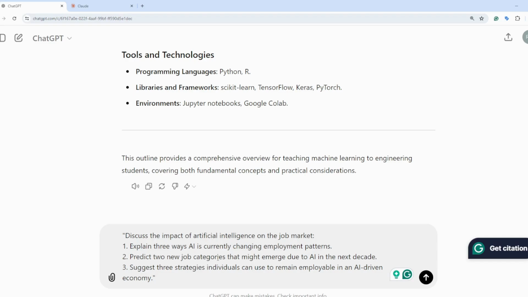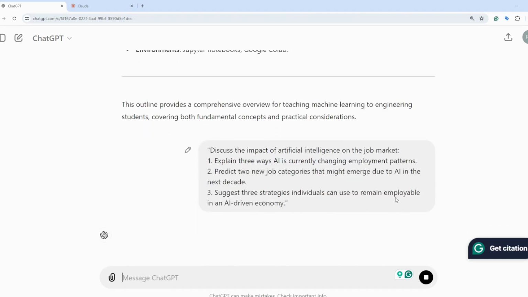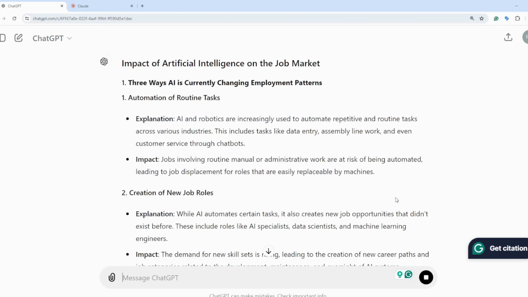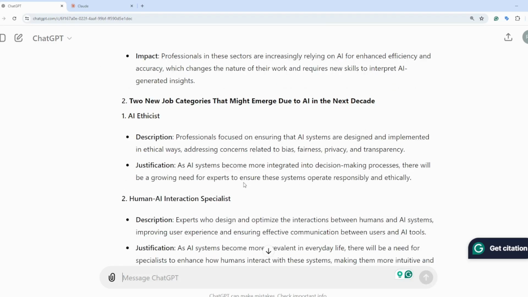Predict 2 new job categories that might emerge due to AI in the next decade. Suggest 3 strategies individuals can take to remain employable in an AI-driven economy. So let's see what it gives. So 3.5 is very fast. While we were working on 4.0, it was very slow, but this one is pretty fast.